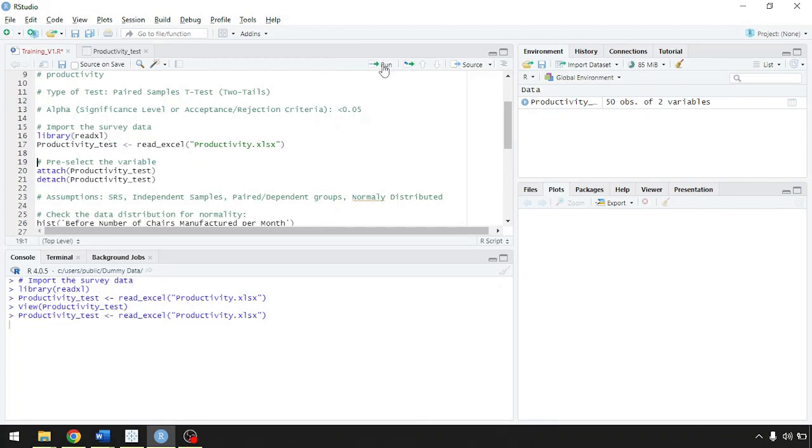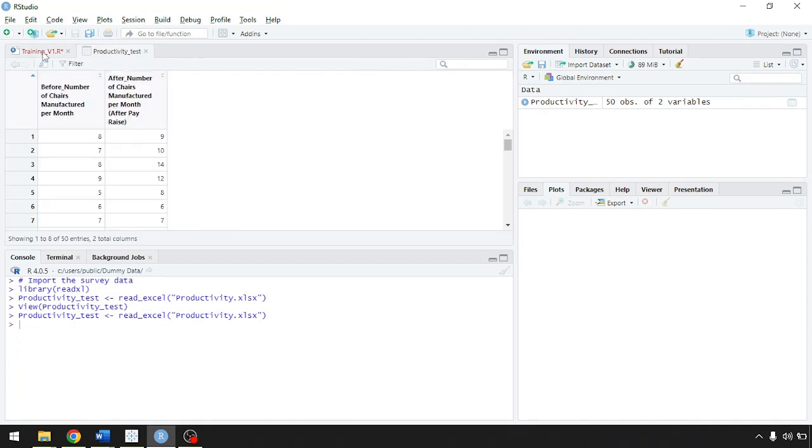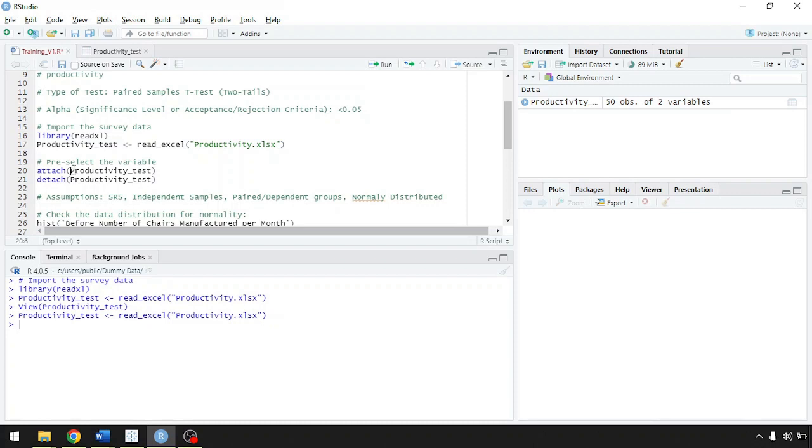So we already imported the data set. It's good practice to use attach in order to attach the name of the variable, so that every time we call a field of a variable, we don't have to put the name of the variable first.